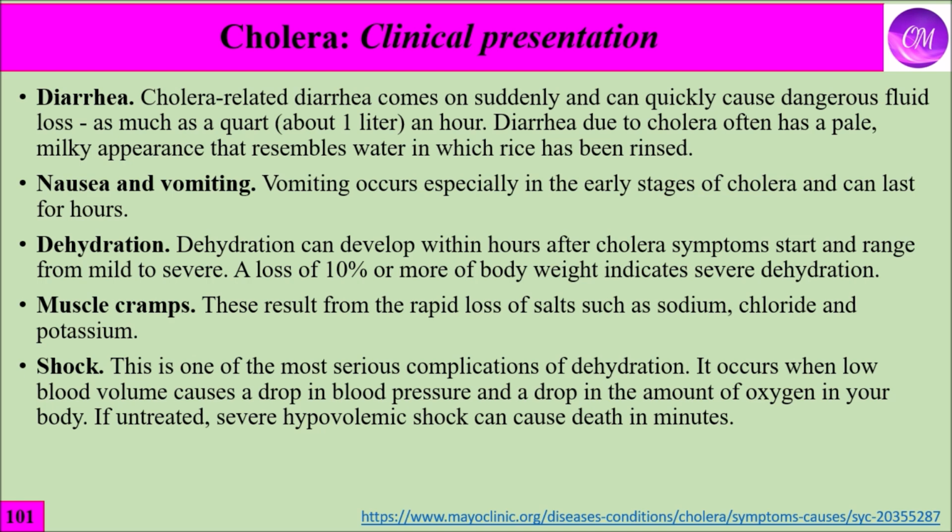Muscle cramps result from the rapid loss of salts such as sodium chloride and potassium. Shock is one of the most serious complications of dehydration. It occurs when low blood volume causes a drop in blood pressure and a drop in the amount of oxygen in the body. If untreated, severe hypovolemic shock can cause death in minutes.